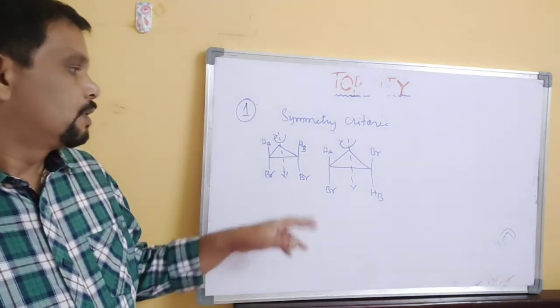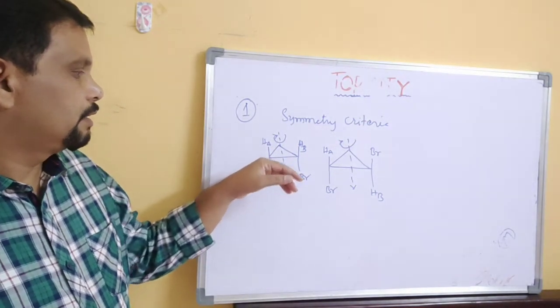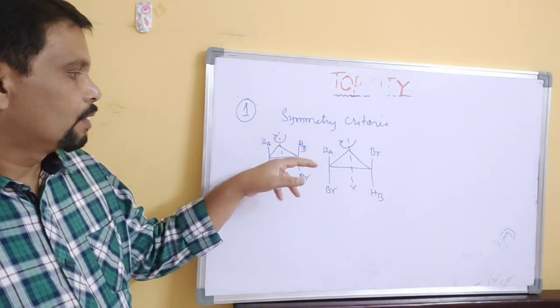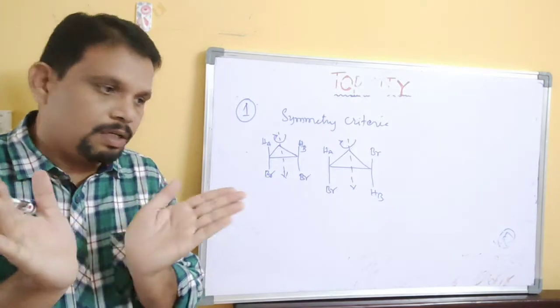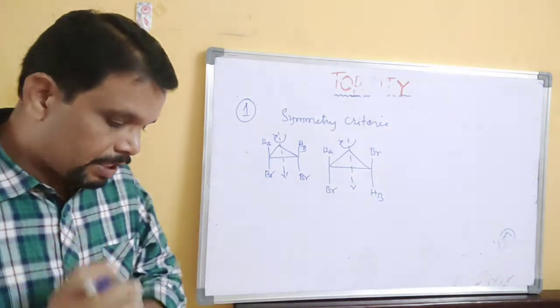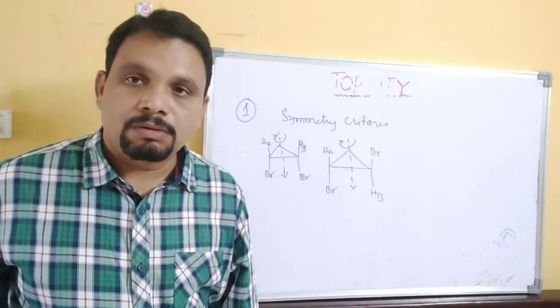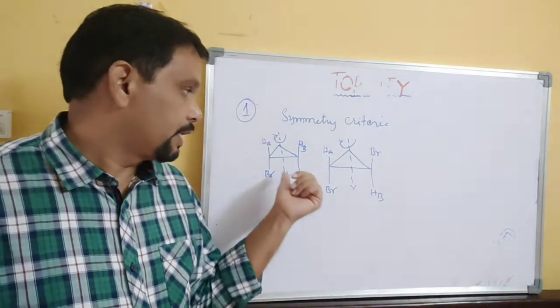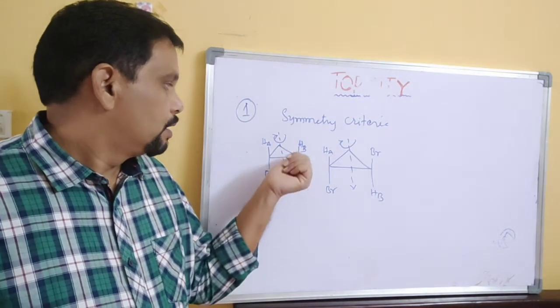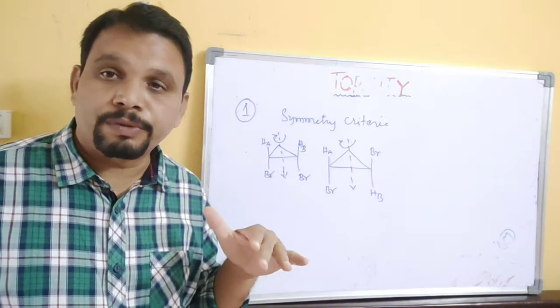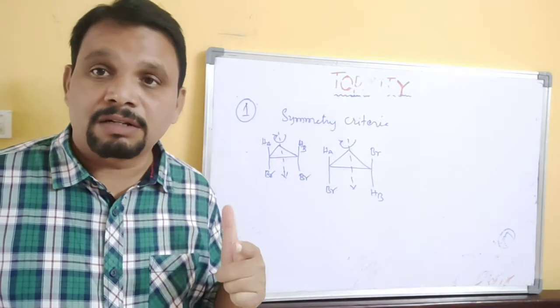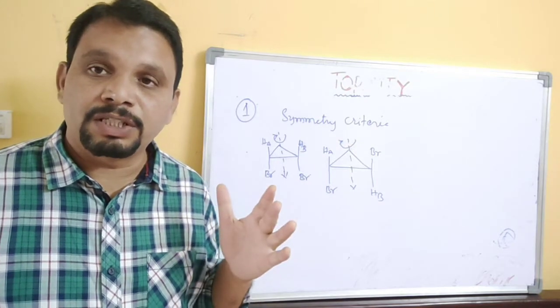Here, if you rotate this one, these hydrogens and bromines are actually in a three-dimensional spatial arrangement. For convenience I wrote it like this, but these HA and HB and Br are not homotopic because they are not interconvertible or interchangeable with each other.